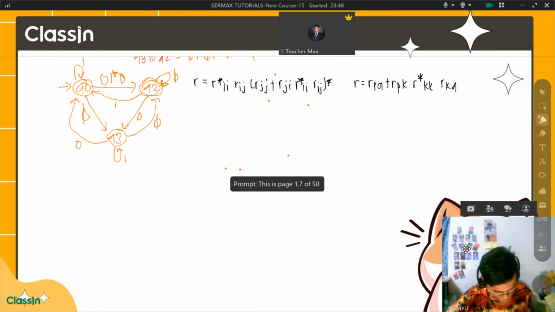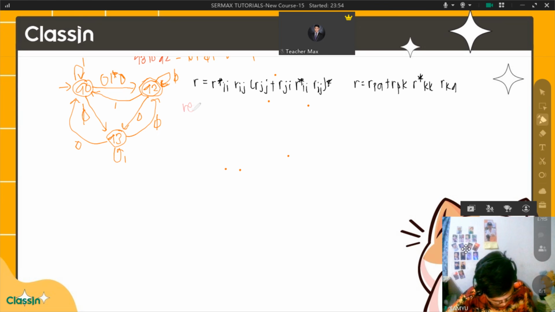So our goal is to remove the Q3. By removing Q3, it will become Q0 to Q0, Q0 to Q2, Q2 to Q2, and Q2 to Q0.